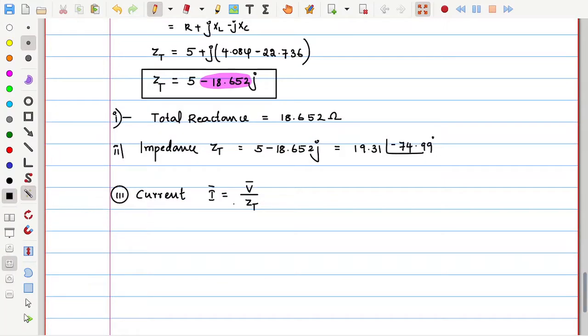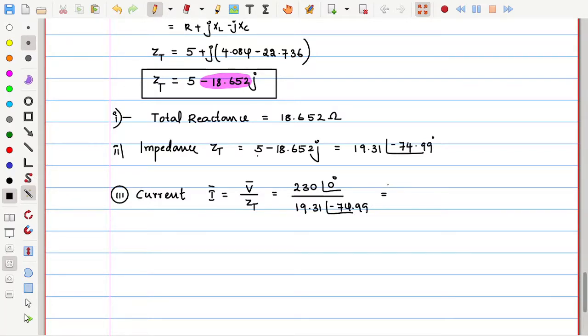V is 230 at an angle 0, and ZT can be written in either rectangular or polar form, but since it is division, polar form is much more helpful. So 19.31 at an angle of minus 74.99.